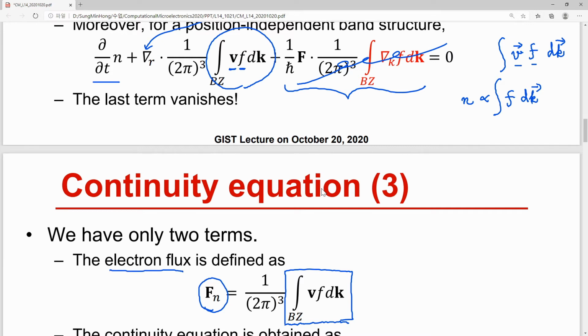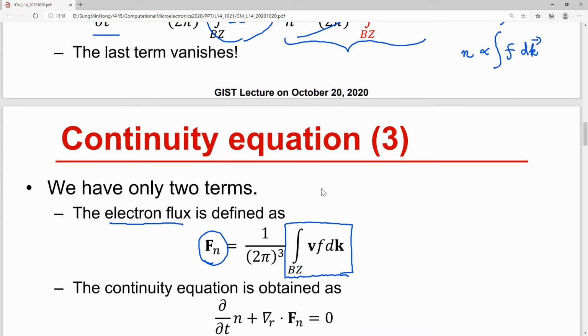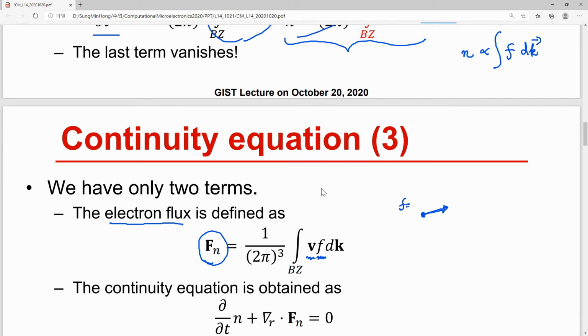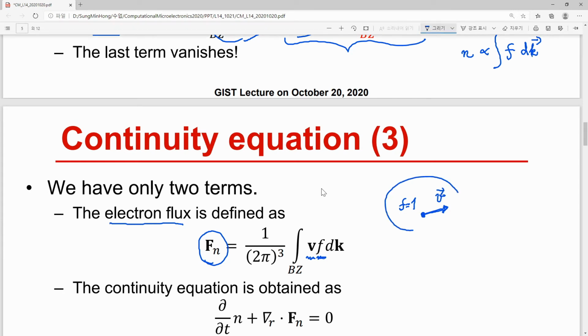Physically it is quite sound, because here we have the occupancy of a certain state and its group velocity. If f equals 1, fully occupied, and velocity is this one, then this electron just contributes to a certain flux.